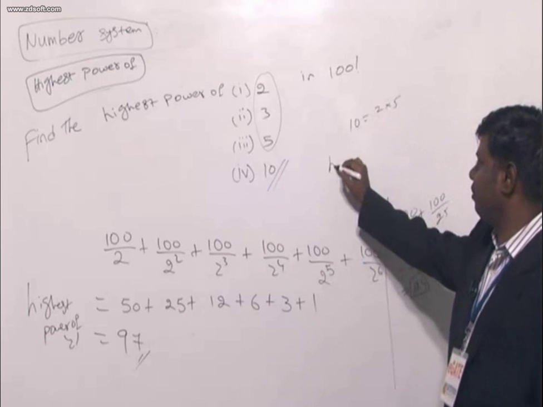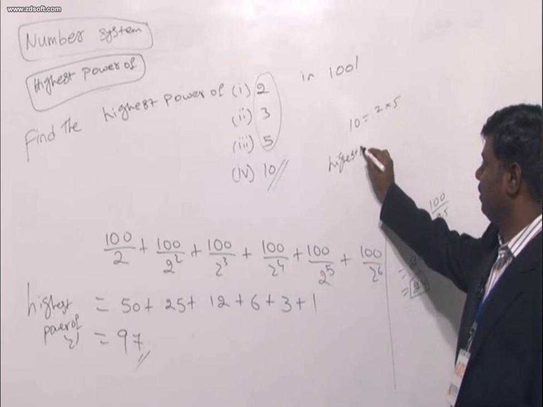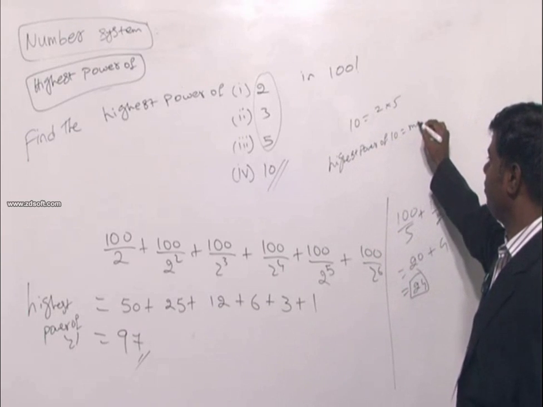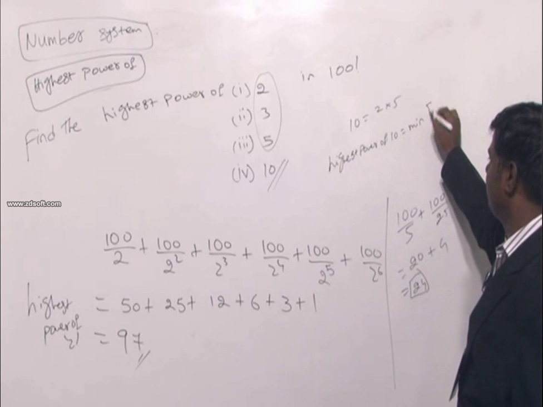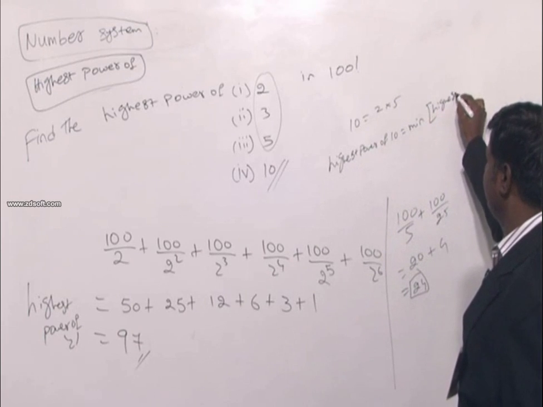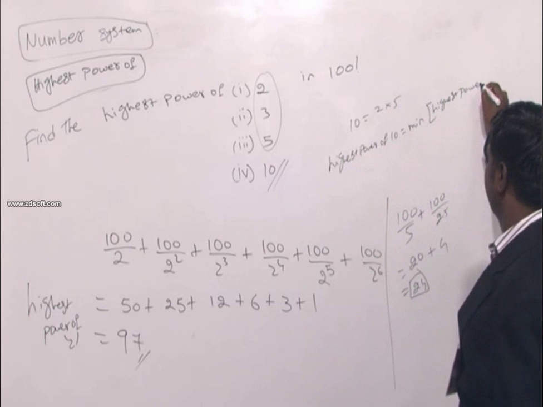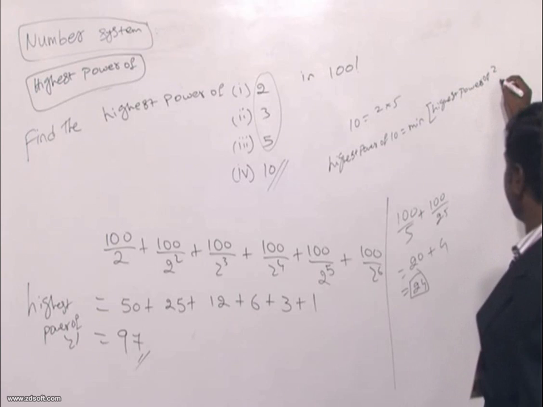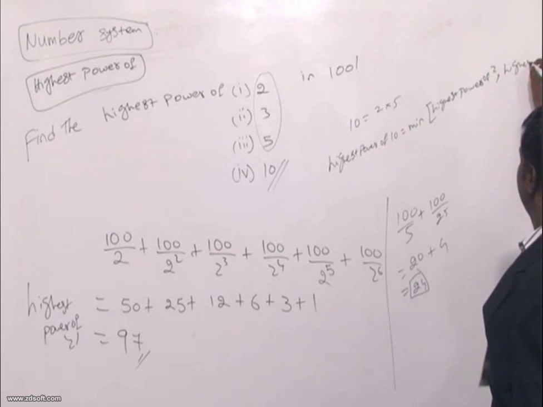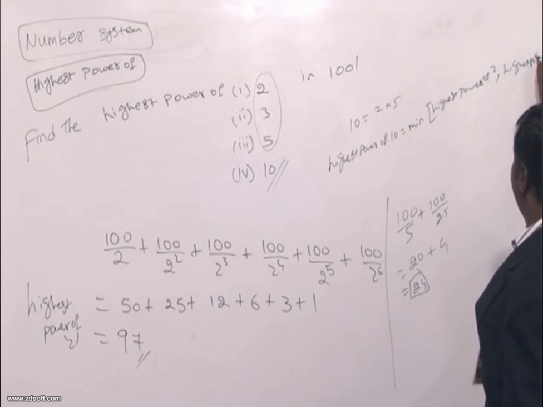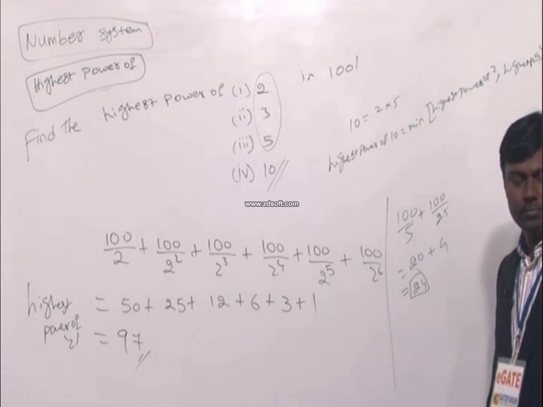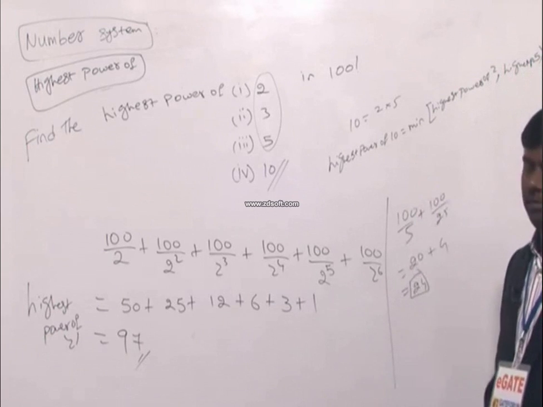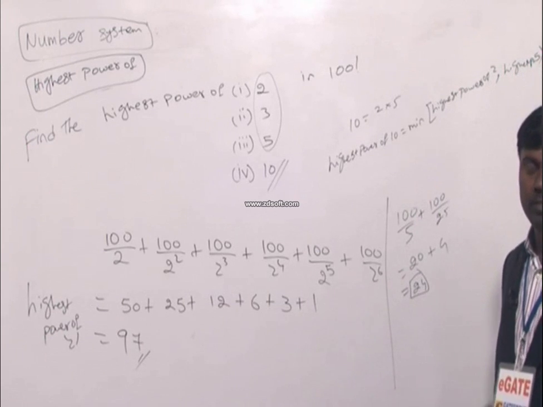So if you want to find the highest power of 10, it has to be the minimum of the highest power of 2 and the highest power of 5, because the minimum of these will ensure you get 10, that many number of zeros.